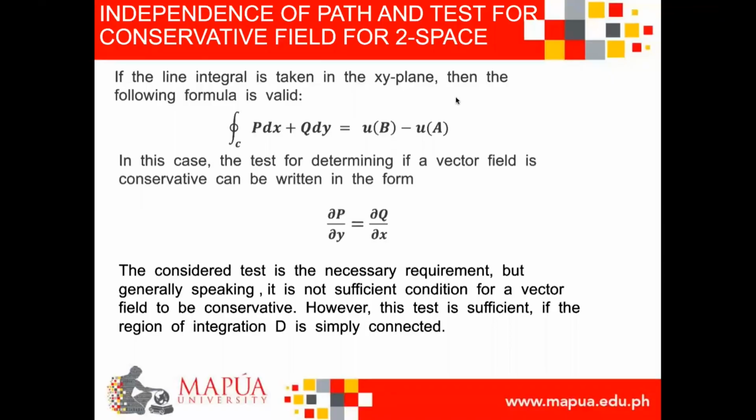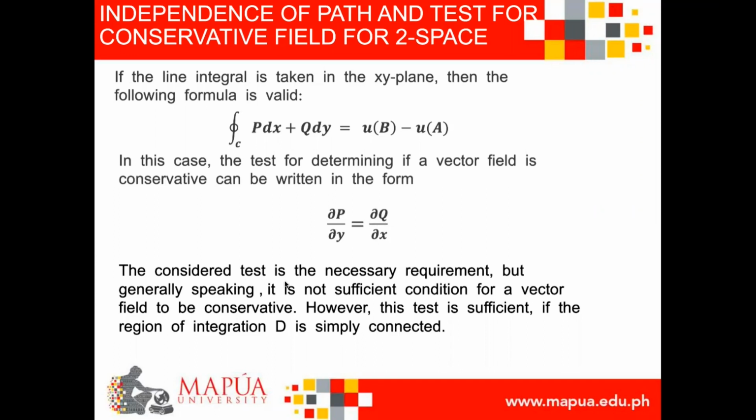Then we have here the independence of path and test for conservative field for two space. It says here, if the line integral is taken in the xy plane, then the following formula is valid. We have the integral of P dx plus Q dy is equal to u of B minus u of A. In this case, the test for determining if a vector field is conservative can be written in the form: partial derivative of P with respect to y is equal to partial derivative of Q with respect to x.